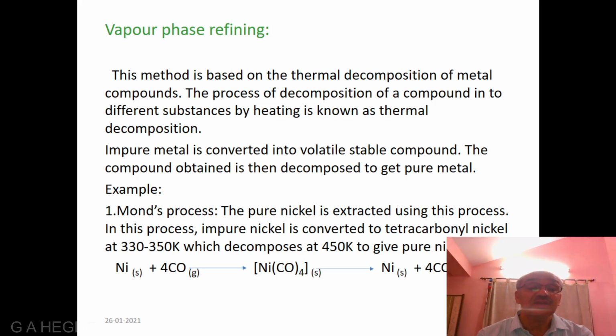For example, the first one is Mond's process. The pure nickel is extracted using this process. In this process, impure nickel is converted to tetracarbonyl nickel at 330 to 350 Kelvin temperature, which decomposes at 450 Kelvin temperature to give pure nickel.